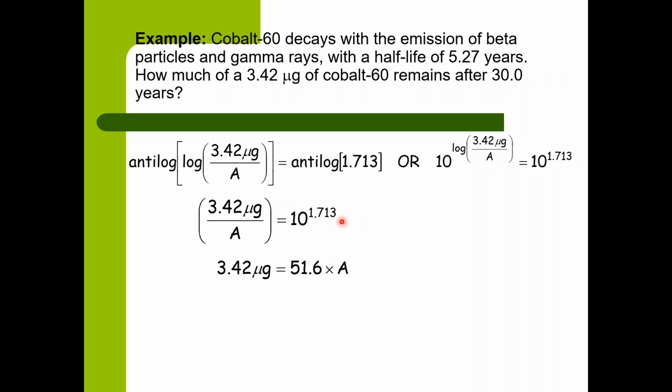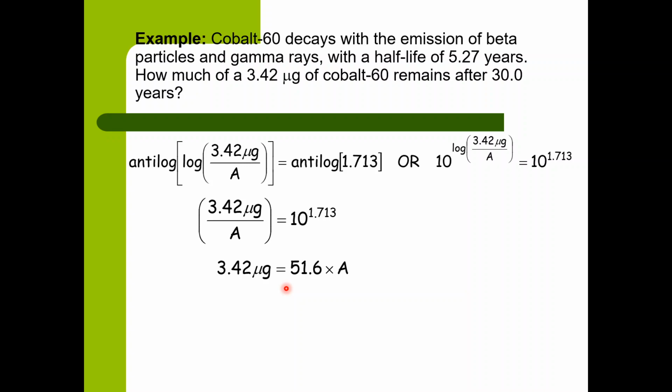And then they did two steps here. I would have done one step and then the other, but for the sake of space, I think it's better to do this here. And so 10 to the power of 1.713 is this number here, 51.6. You can try that in your calculator and make sure that comes out the way you want it to. And then we multiply both sides by A because we want to get rid of this A here.